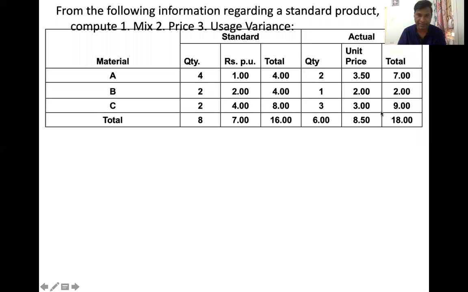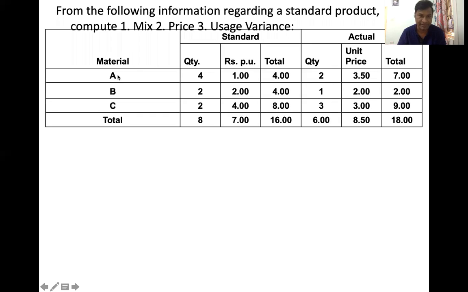Actually, material A consumed is only 2 units, and the price is 3 rupees 50 paise. The standard price was 1 rupee, but in real time we incurred 3.5. 2 units multiplied with 3.5 is 7. This is the data given.